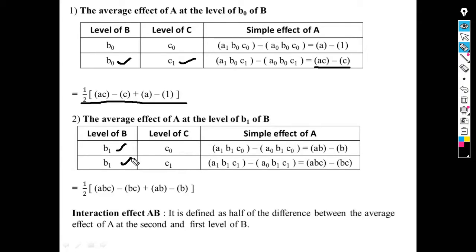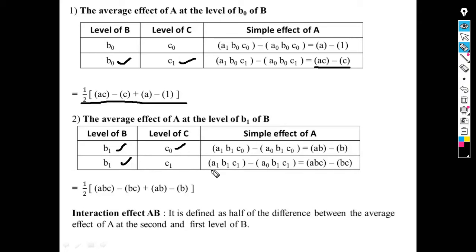Here we consider factor B at the first level, and with this we consider two levels of factor C, C naught and C1. The first combination is B1 C naught. So here we get the simple effect of A as A1 B1 C naught minus A naught B1 C naught. Then here we get AB minus B, and the second is B1 and C1.